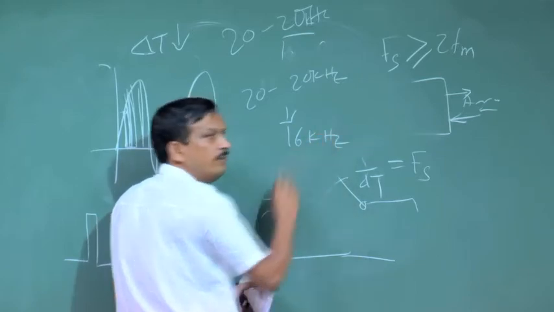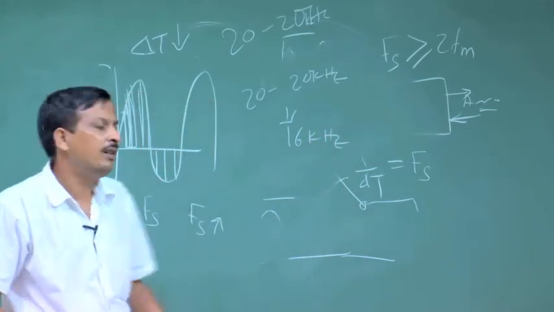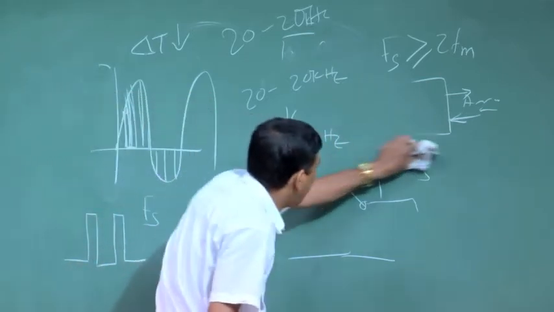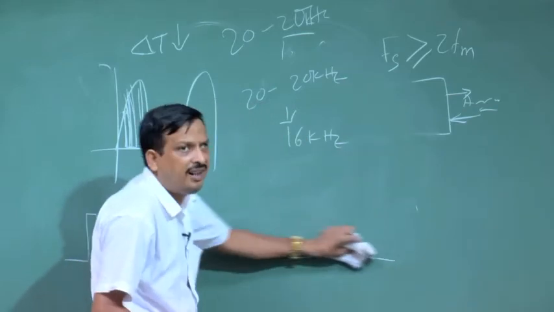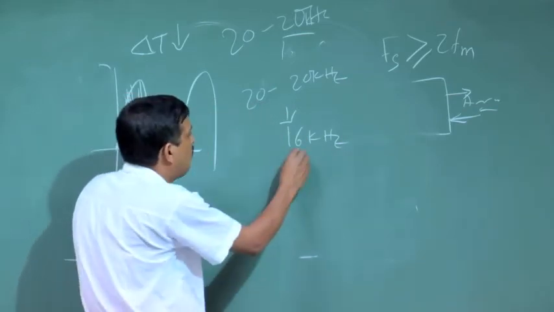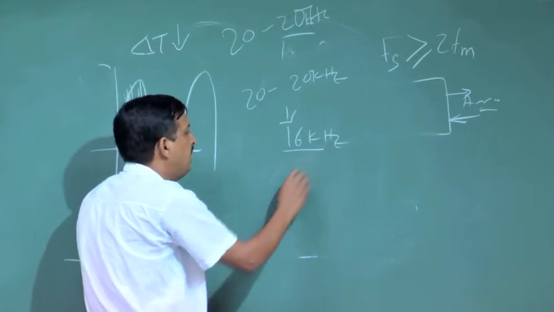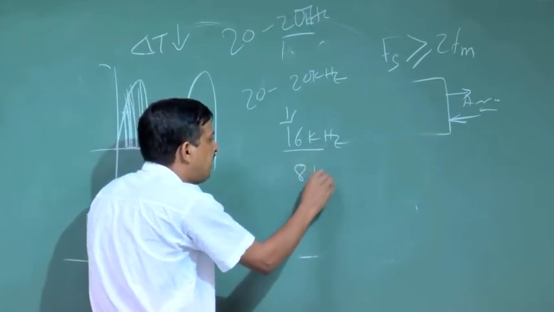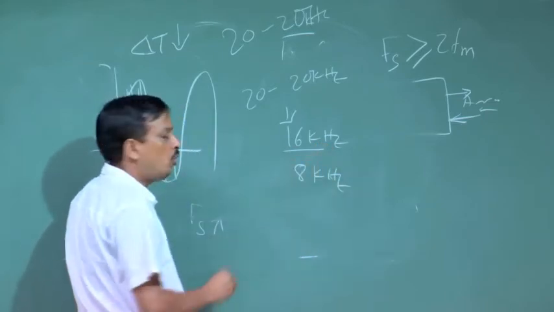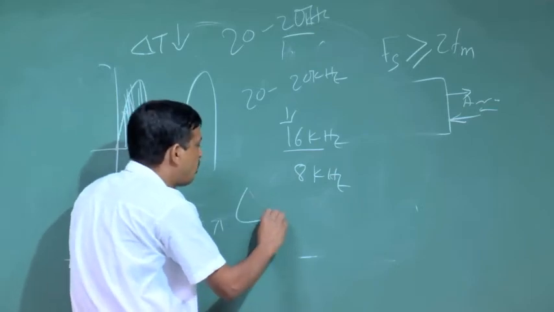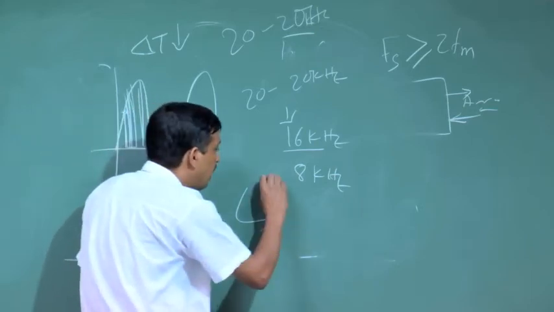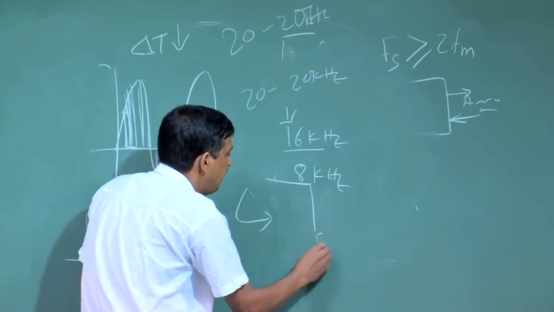What is the meaning? The meaning is that I restrict the speech signal. If the sampling frequency is 16 kilohertz, the highest frequency of the speech signal is 8 kilohertz. So, the human speech has to be passed through a low pass filter whose cutoff frequency is 8 kilohertz.